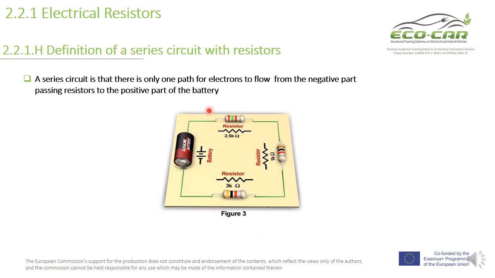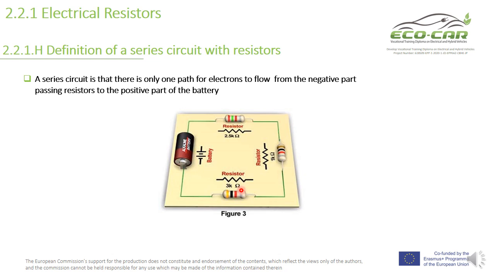For the series circuit, this is a series circuit with three resistors. Resistor 1, 2.5 kilo ohm. This is resistor number 2, 1 kilo ohm. This is resistor number 3, 3 kilo ohms.